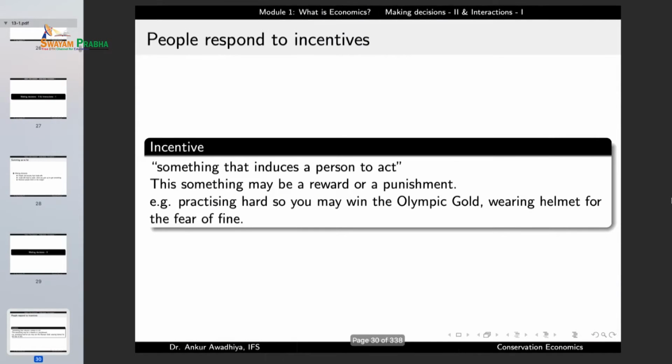Then we also saw that people respond to incentives. An incentive is something that induces a person to act in a certain manner. And this knowledge that people respond to incentives can be used for the aid of conservation. So, if we want people to desist from doing something, we can put a negative incentive in the form of higher taxation.